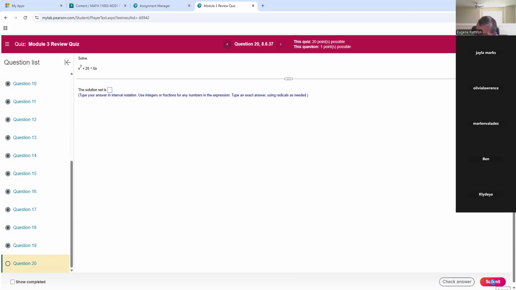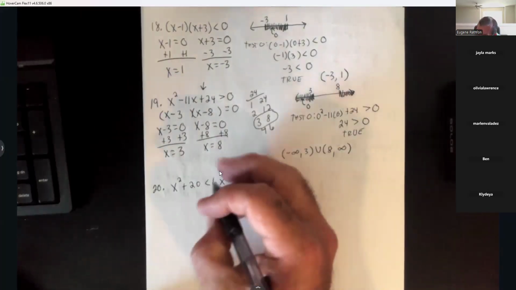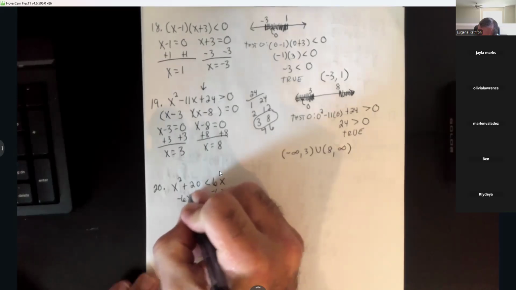So number 20, I got an x squared plus 20 less than 6x. All righty, so same thing on this one. I need a 0 over here, so you're going to have to subtract 6x from both sides right off the bat.